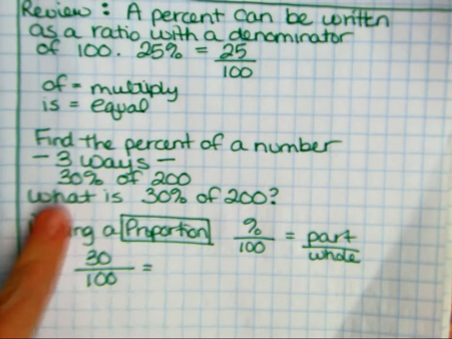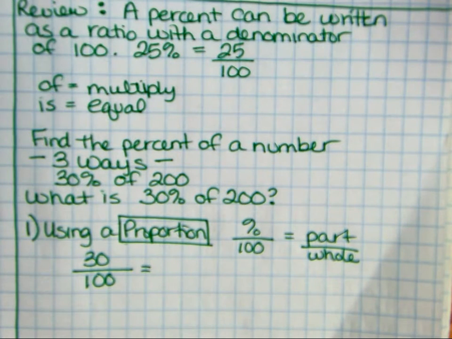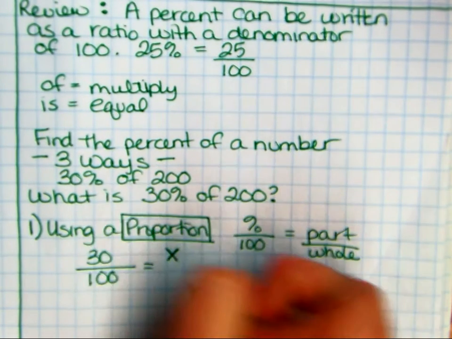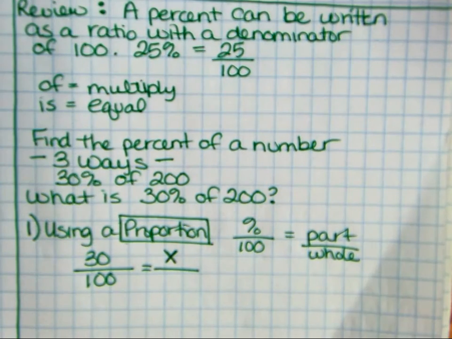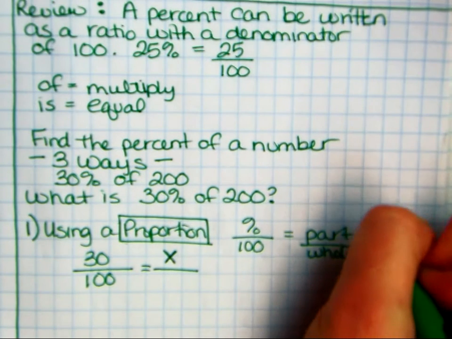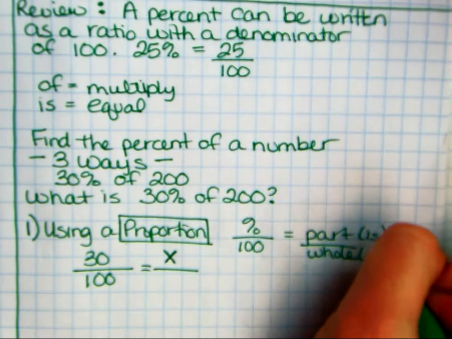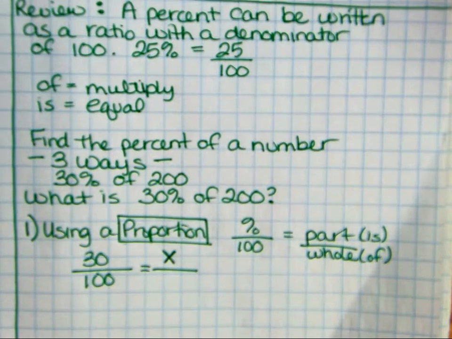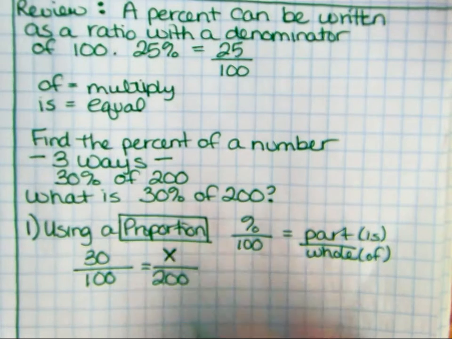That's the what, so we're going to put that as a variable x. And we do know what the whole is. That's the of value, 200, so we would put that in here.